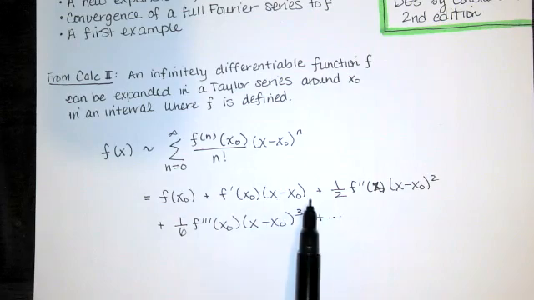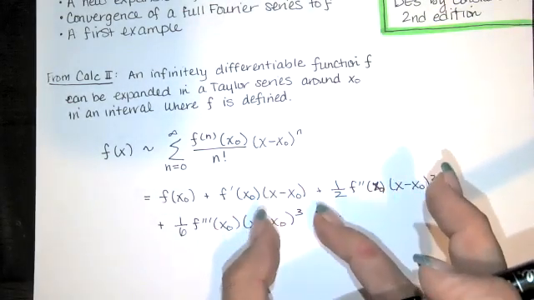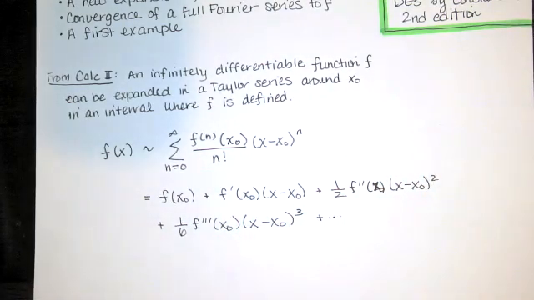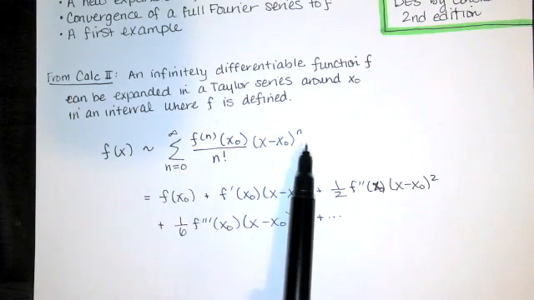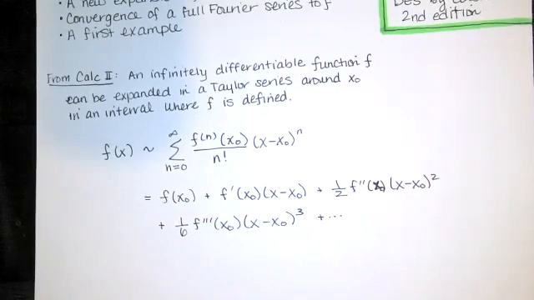And then this x minus x0 is a multiplier. So as we go from term to term, we've got x minus x0 squared, x minus x0 cubed. For the nth term in the series, you're going to have x minus x0 to the n. So if n is 10, it's going to be x minus x0 to the 10th. But that's generally given as well.